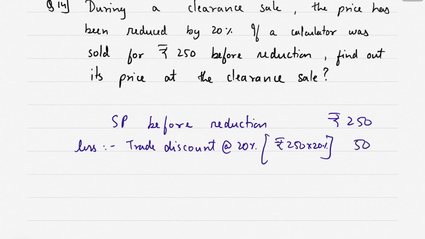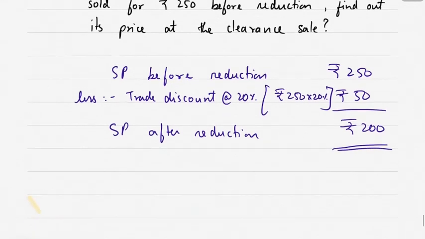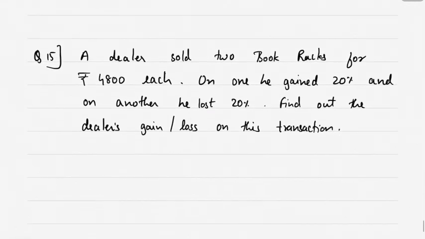So 250 into 20% will become 50, which is 200. This is selling price after reduction. Okay. Next question.